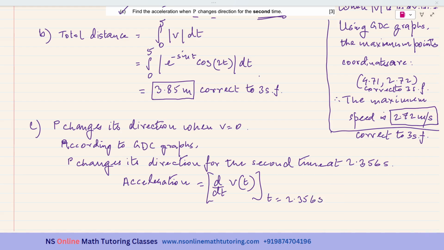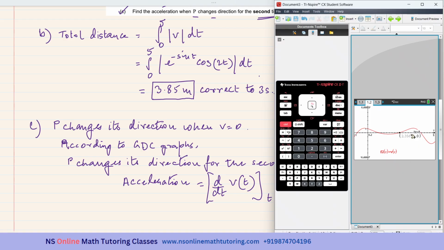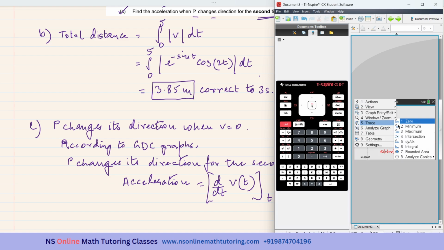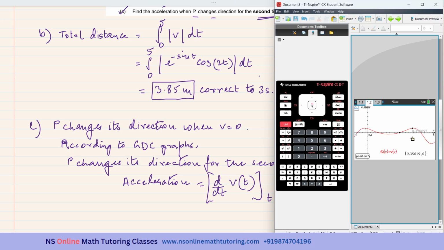So you can find the value in both ways. I can show you both the methods. This is the graphical method. We have graphed the velocity function expression. So I need the value of the acceleration at this point. So you can use the menu and then analyze graph, and it is dy/dx, at which point it is saying position.